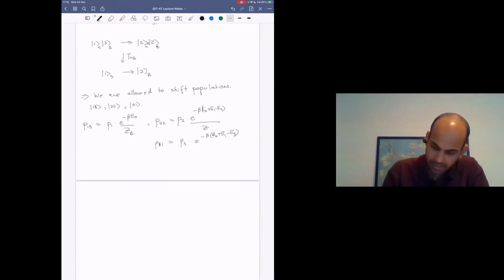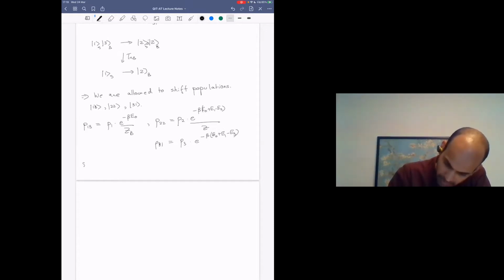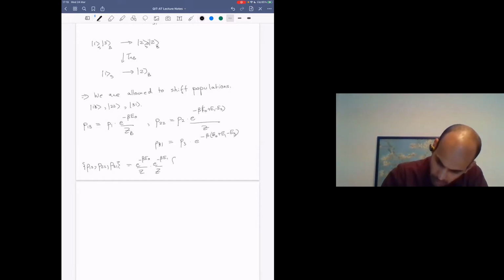Okay, and I'm going to make a nice trick here. What I'm going to do is write P13, P22, and P31 as a vector of different numbers. I'm going to take something common out, which is e to the minus beta E naught upon Z, e to the minus beta E1 upon Z. And what do these three values become now? The first one is P1.